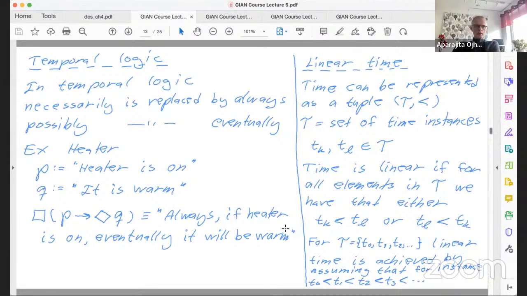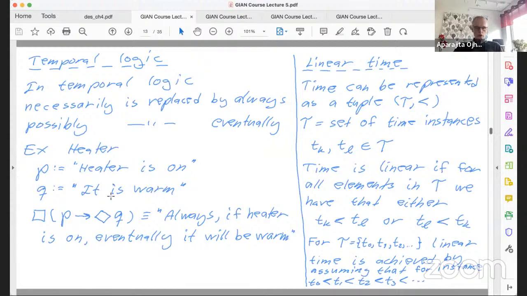And then we can say that this necessarily is replaced with always, and possibly is replaced by eventually. So that means that if I introduce two basic atomic statements or propositions, the heater is on and it is warm.